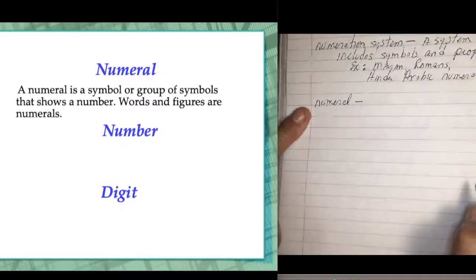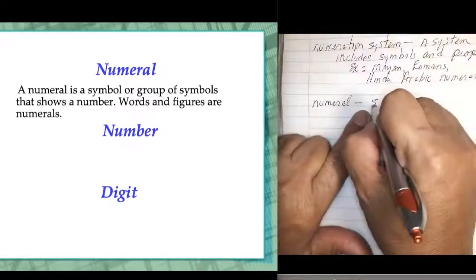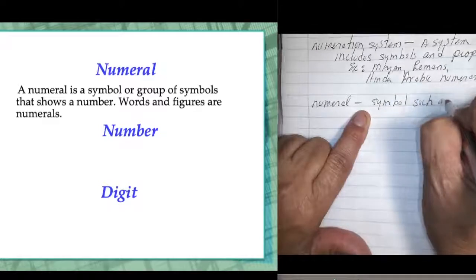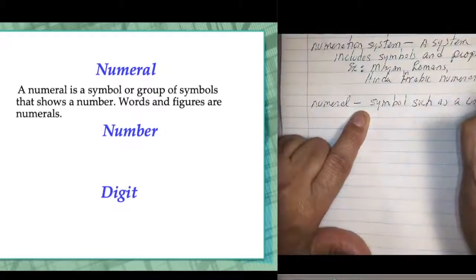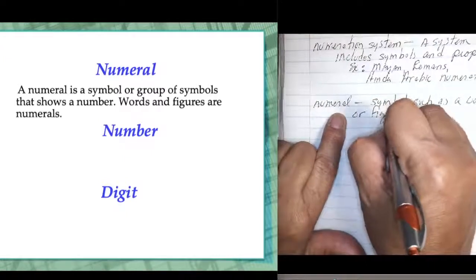A numeral is a symbol such as a word or a figure to represent a number. It is a symbol such as a word or figure.